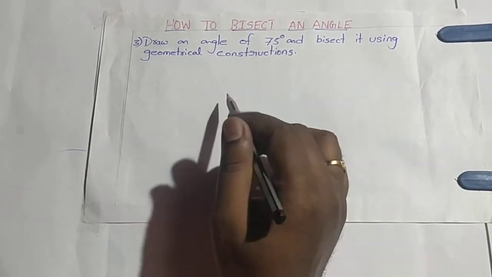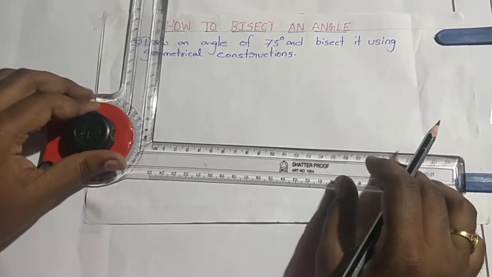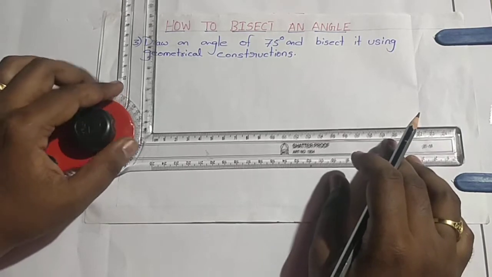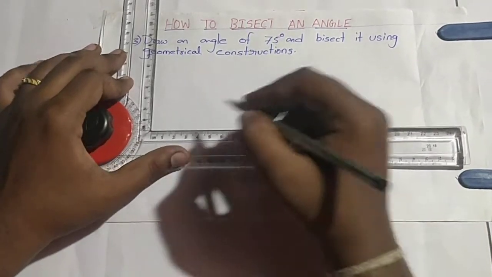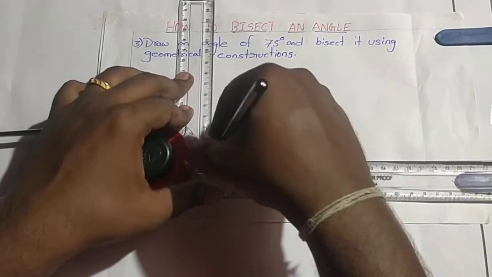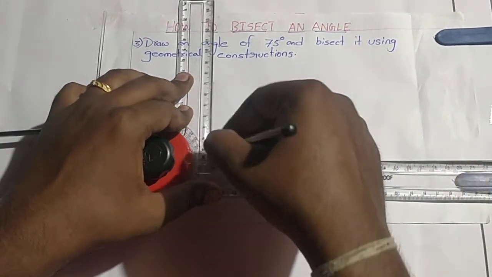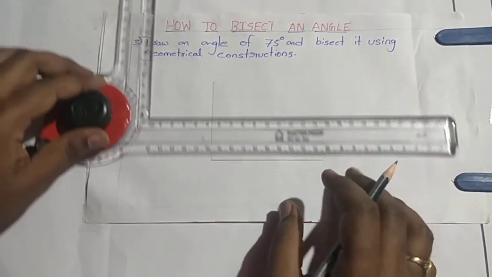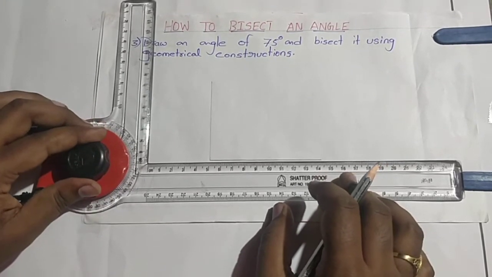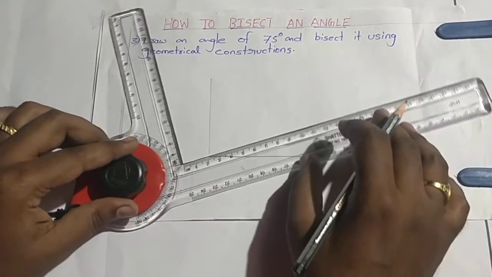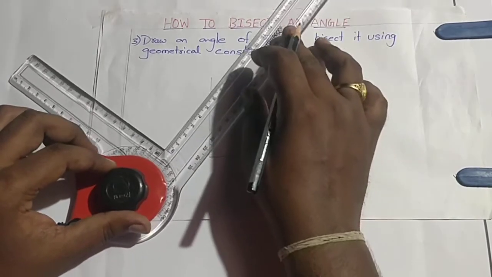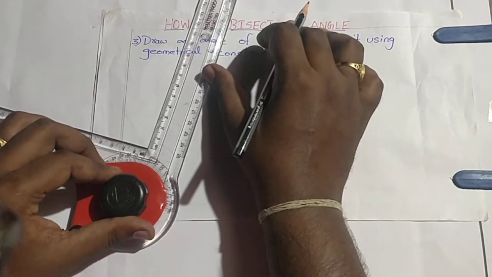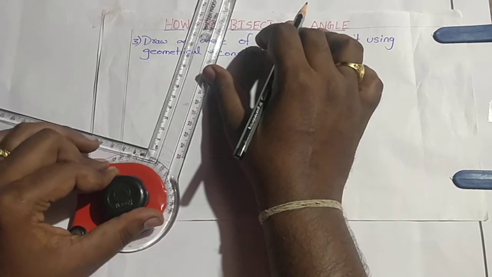First I am drawing two lines making an angle of 75 degrees between these two lines. This is 90 degrees. Now I am going to draw the 75 degrees, placing the position at 75 degrees by using the protractor.